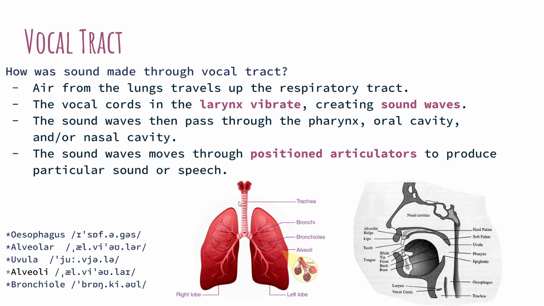So the airflow passes the uvula and the root of the tongue, then passes the soft palate or velum and the back of the tongue, then passes the front of the tongue and hard palate, then passes the blade of the tongue and alveolar ridge, then passes through the teeth to the lips and out of the mouth.